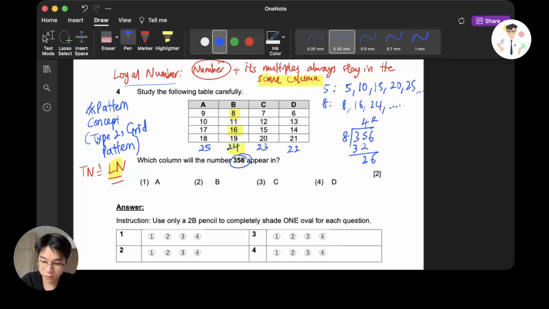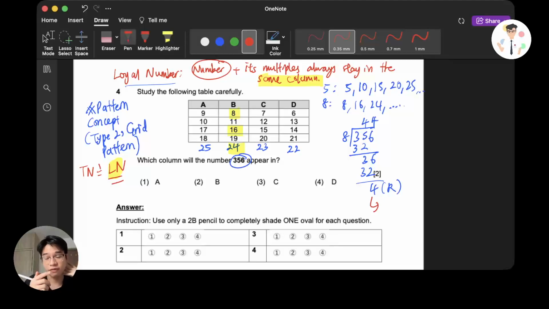And my remainder is 6. And as you know, my remainder is 4, sorry. Then, where is 4? As long as we know where 4 is, that will be my answer. But the problem here is that there's no 4 here.